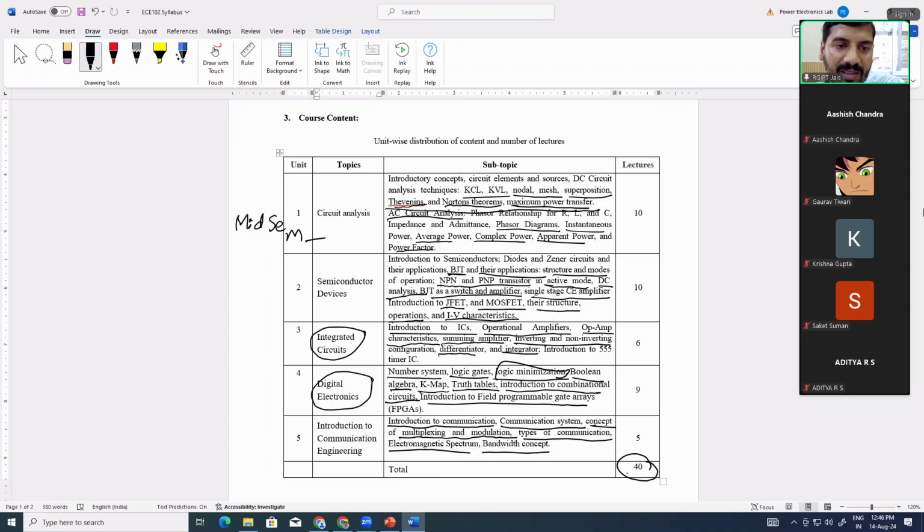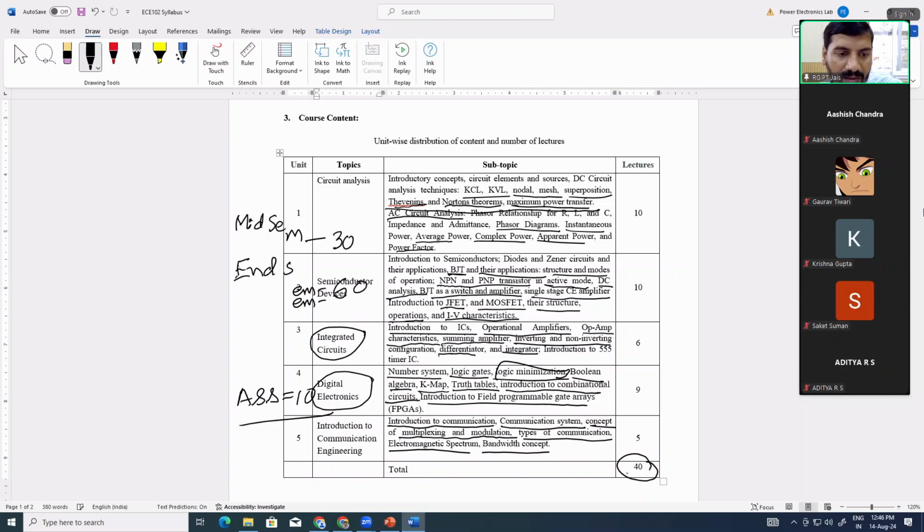The mid semester examination is of 30 marks in this course. The end semester examination is of 60 marks, and the remaining 10 marks is for assessment.